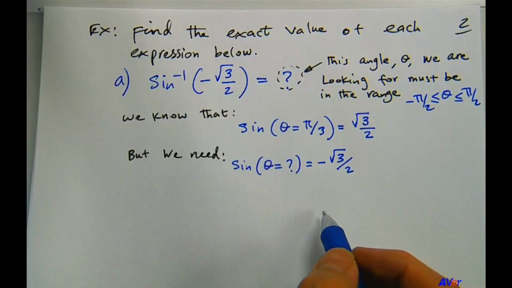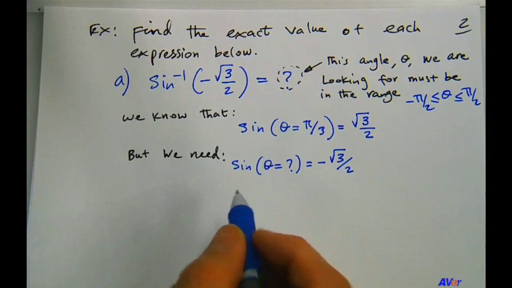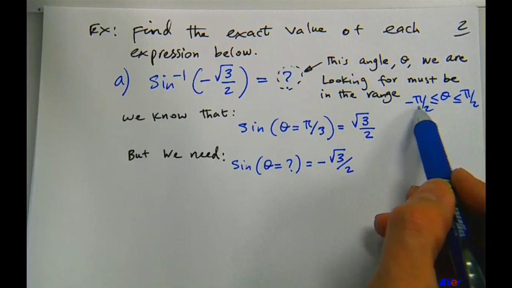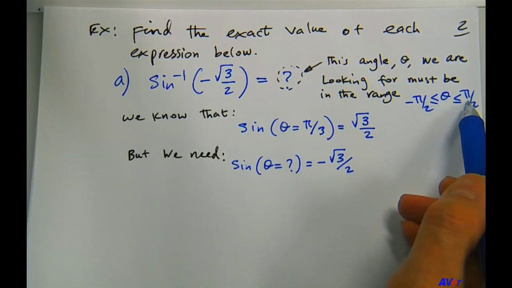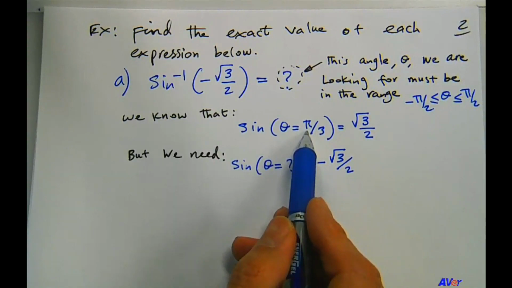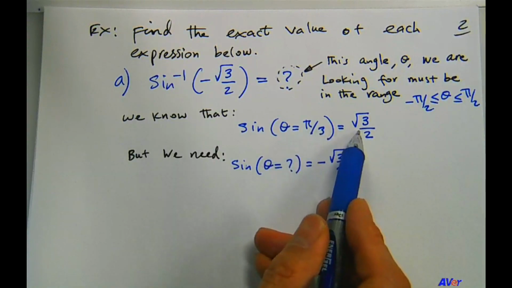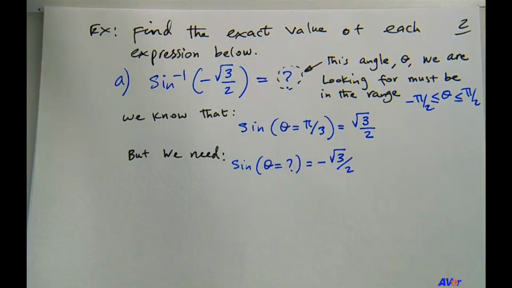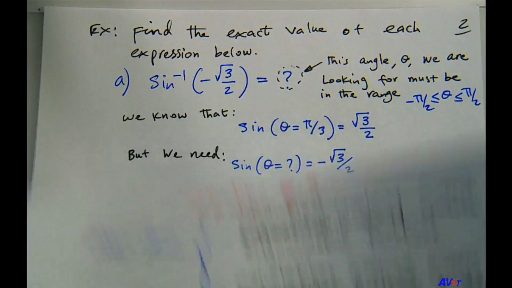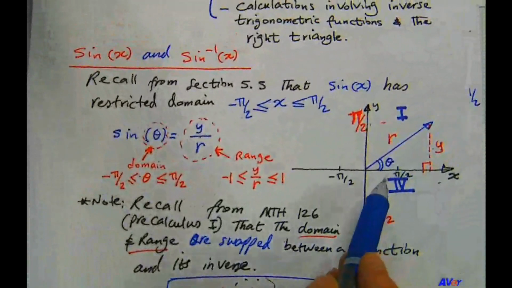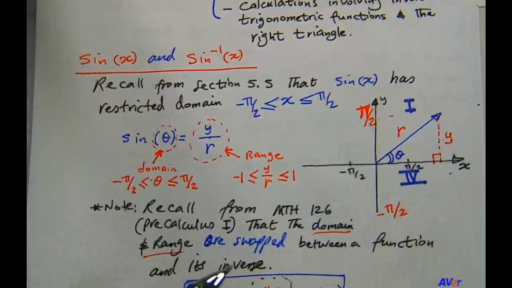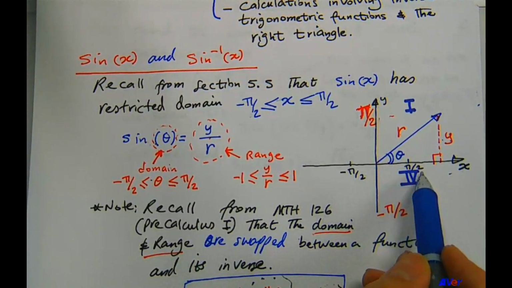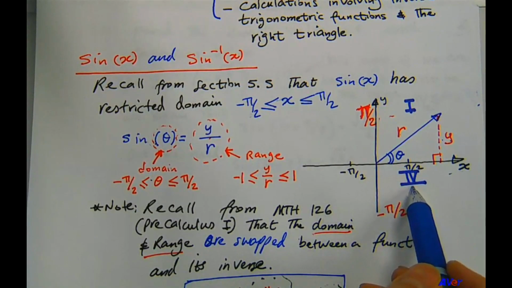Because the range of theta is between negative pi over 2 to pi over 2, this angle cannot be pi over 3 because it's going to be positive, so it has to be minus pi over 3, which means it should be in the fourth quadrant. So the angle should be here, minus pi over 3, in order for the sine to be negative.